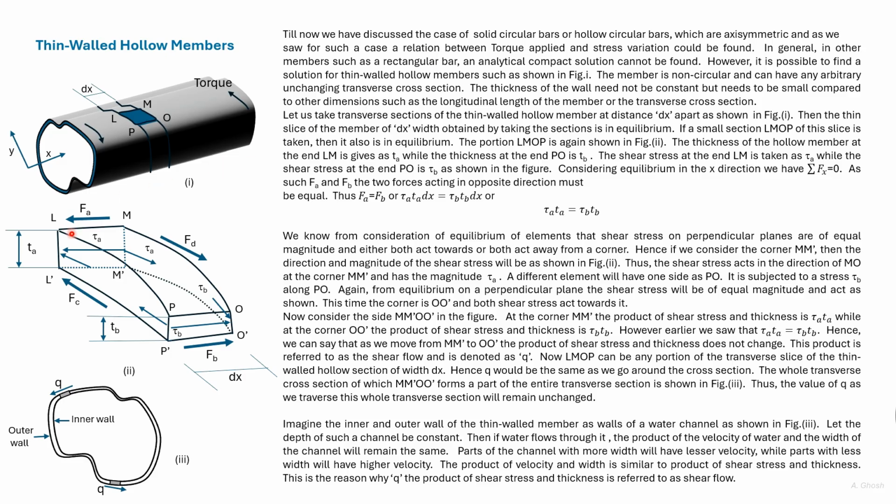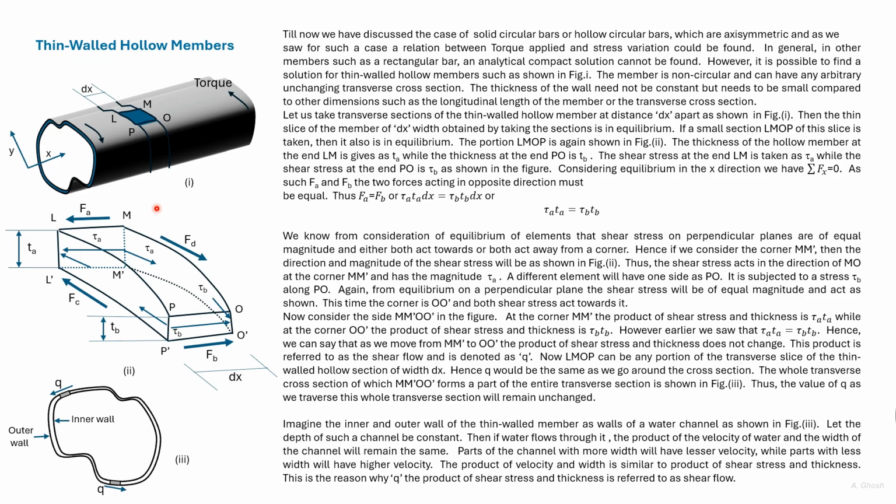At LM, let us consider the thickness of the thin-walled hollow member to be tA. At OP, let us consider the thickness of the thin-walled hollow member to be tB.